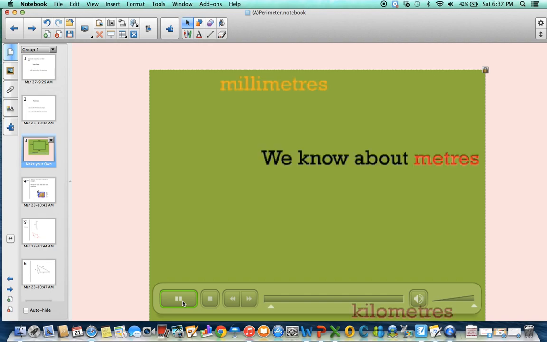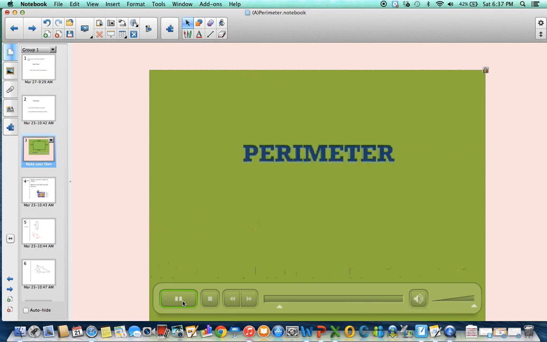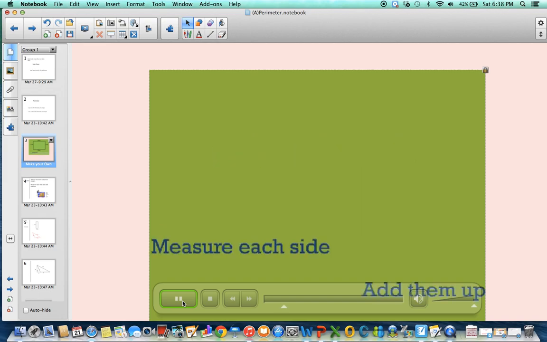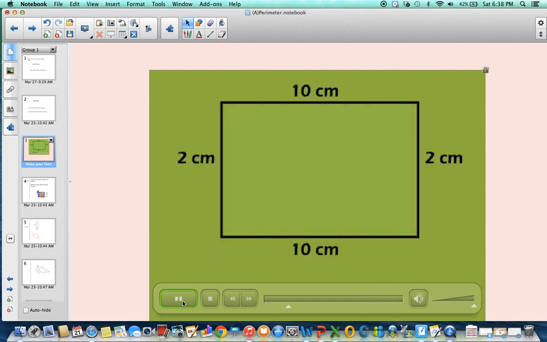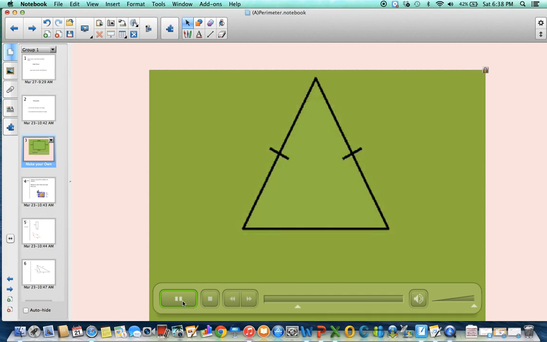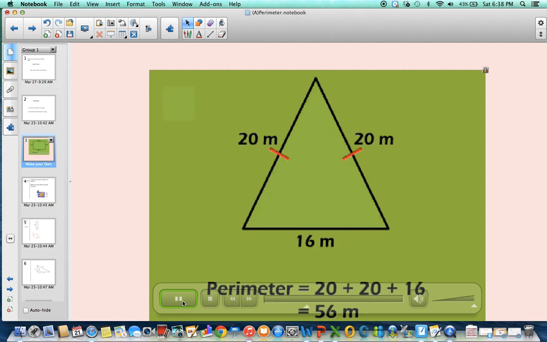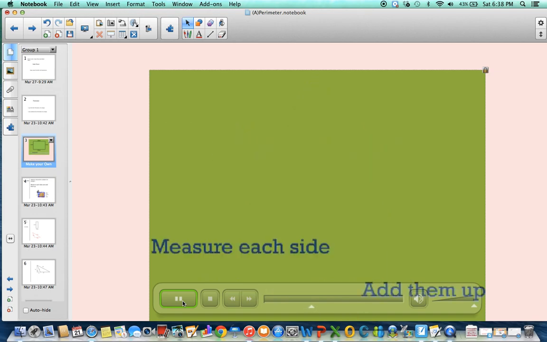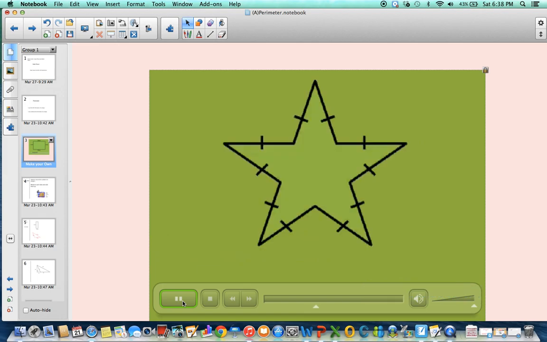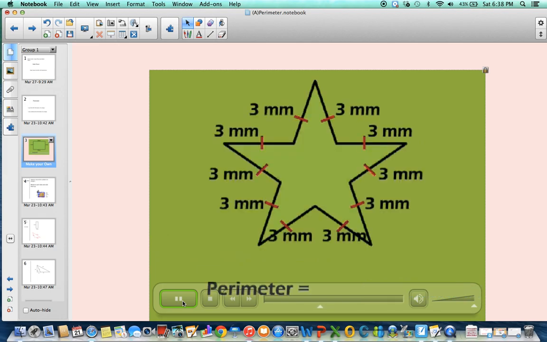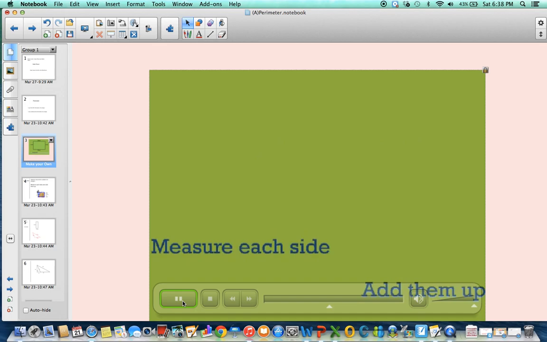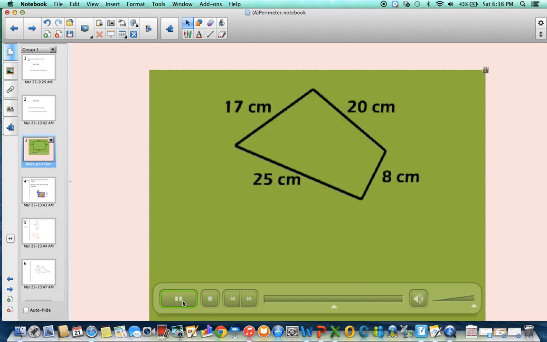Now that we learned how to measure in centimeters and meters, and we talked about inches and feet, that's right. Now we're gonna talk about with perimeter. You have to measure each side, add them up, and we find perimeter, perimeter. That's perimeter, perimeter, perimeter. That's perimeter. With perimeter, you have to measure each side, add them up, and we find perimeter, perimeter. That's perimeter, perimeter, perimeter. That's perimeter. With perimeter, you have to measure each side, add them up, and we find perimeter, perimeter. That's perimeter, perimeter, perimeter. That's perimeter. With perimeter, you have to measure each side one at a time.